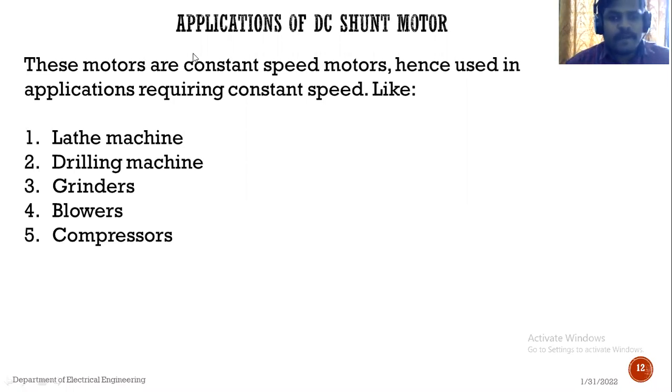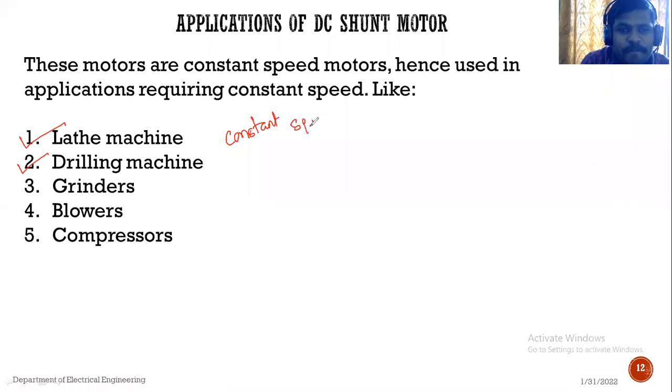ज्या application मध्ये आपल्याला constant speed require आहे, such application we use the DC shunt motor. The first application of DC shunt motor is the lathe machine. Second is the drilling machine, which also requires a constant speed.